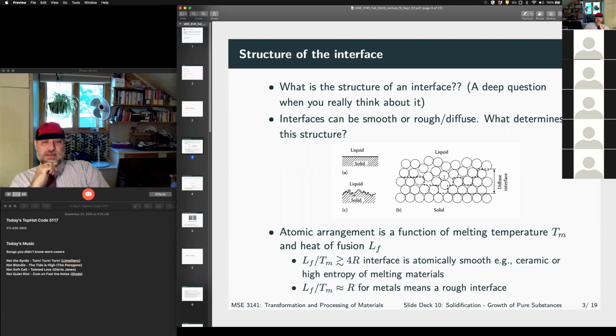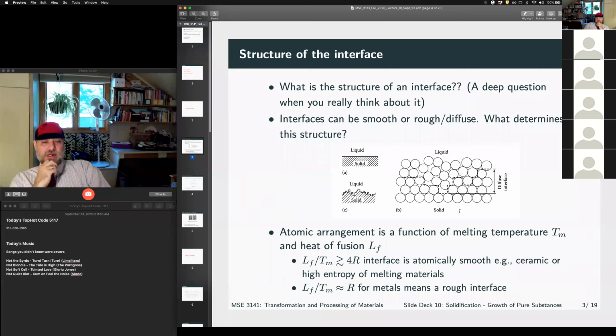And it turns out that there's some really nice solid state physics that we're going to really gloss over, right? That says the atomic arrangement of these interfaces is really going to be dependent on a combination of the melting temperature and the latent heat of fusion of the material, right?